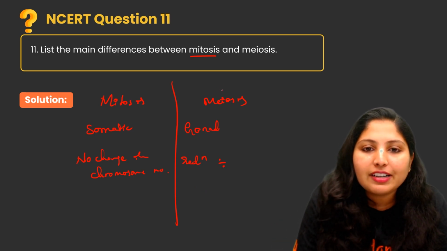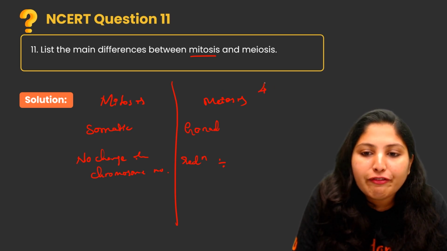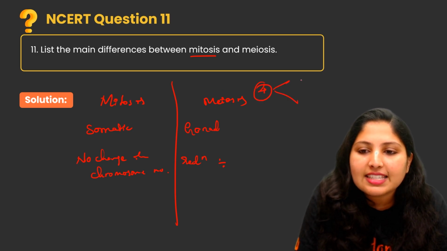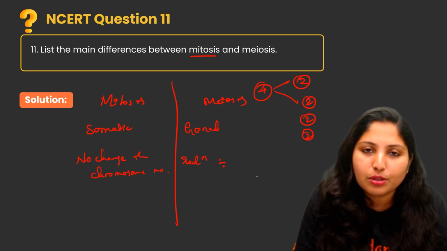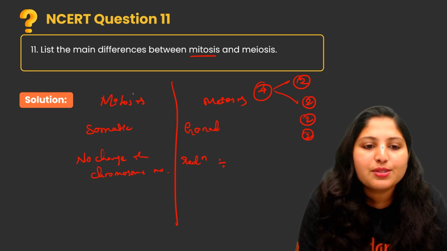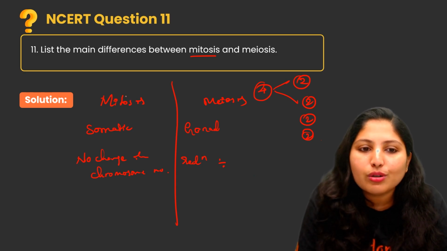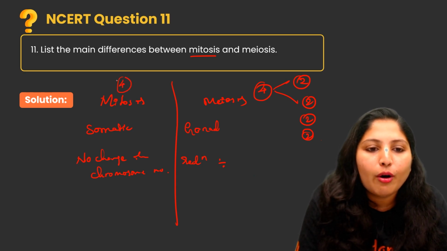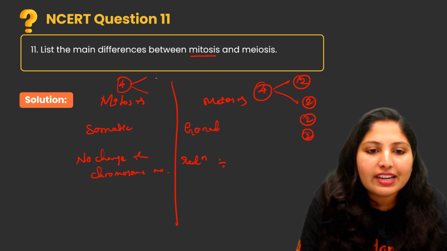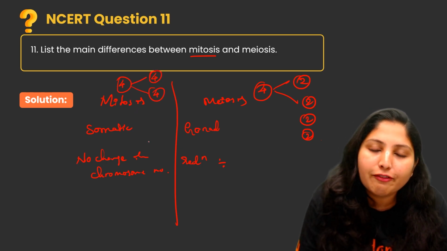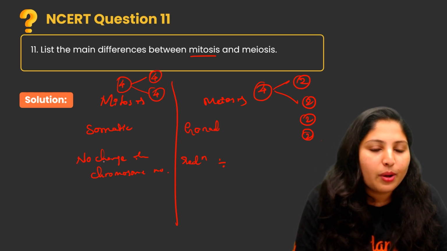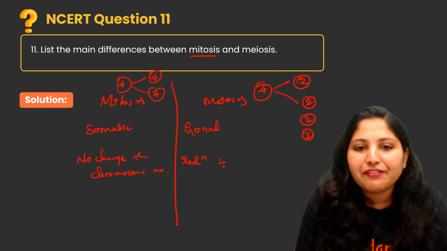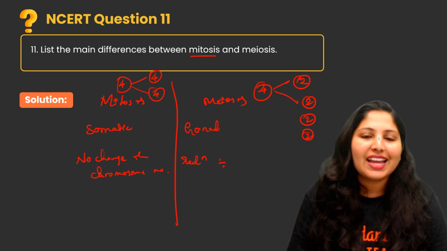If the parent cell contains 4 chromosomes, the daughter cell contains only 2 chromosomes, and 4 cells are going to form. In mitosis there is no change, so 4 chromosomes in the parent cell give 2 cells containing 4 chromosomes each. This is the main difference between mitosis and meiosis.